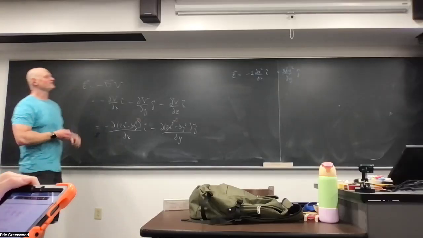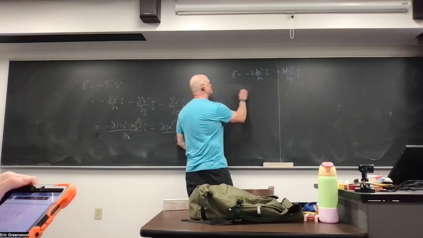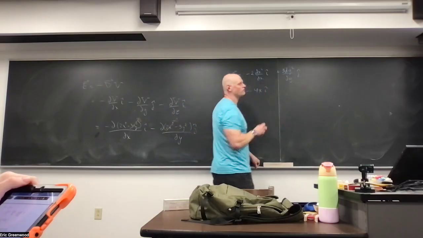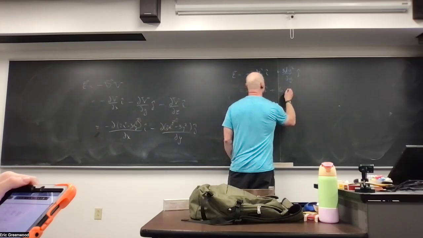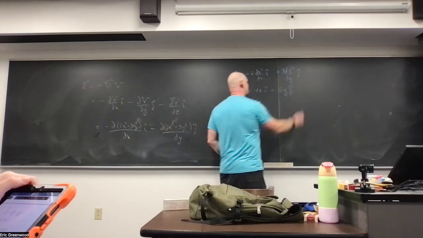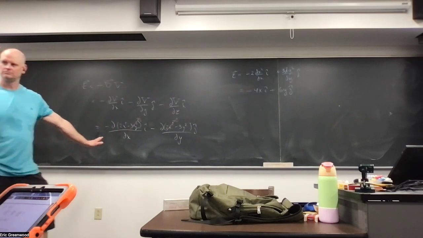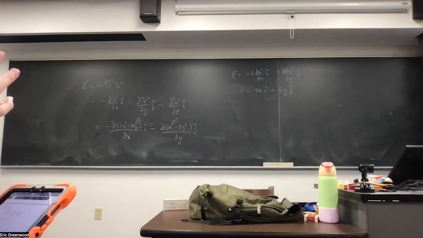All right, so what's the derivative of x squared with respect to x? 2x, so this is going to be the same thing as minus 4 times x in the I hat direction. What's the derivative of y squared with respect to y? 2y, so I'm going to get a plus 6 y in the j hat direction. So this is my electric field anywhere within the plane. Now, specifically, what this wants me to do is evaluate the electric field at the point 3, 2.